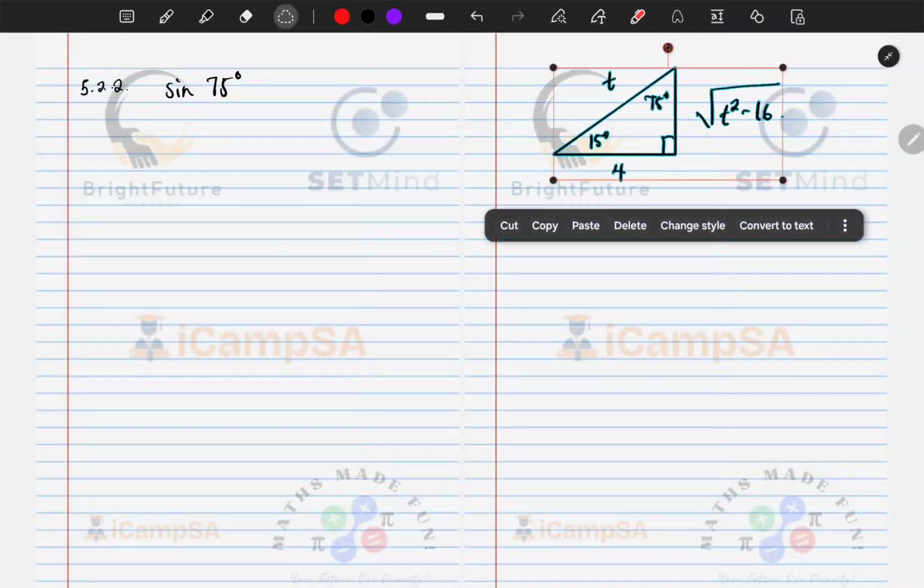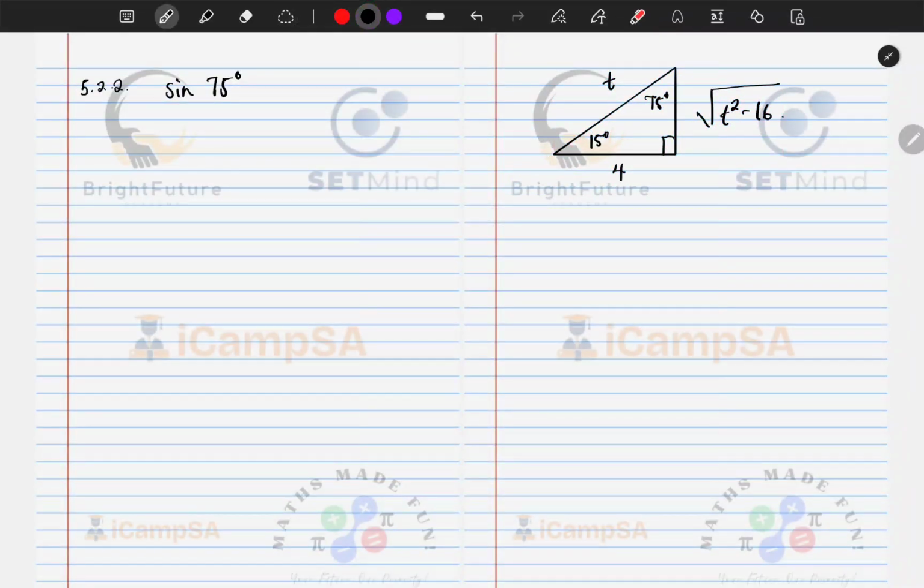But the easiest way in which we can do this is by saying, we can also write sine of 75 as sine of 90 minus 15 degrees. Sine of 90 minus is a cofunction, so this will become your cos of 15. Why? Because this is a cofunction.